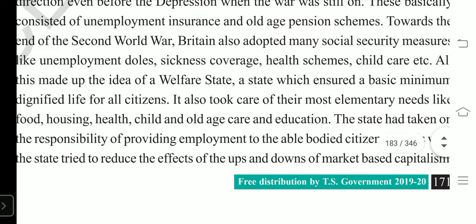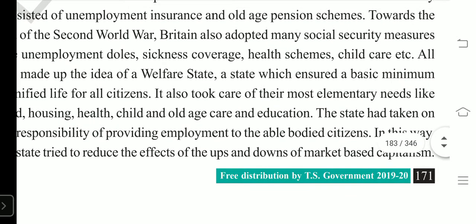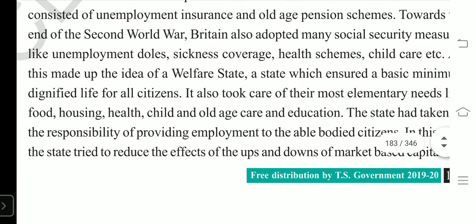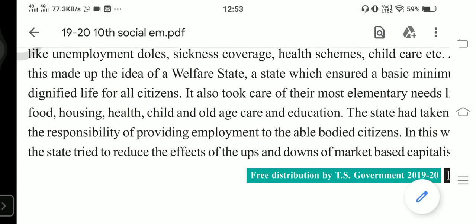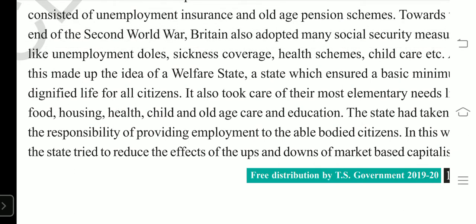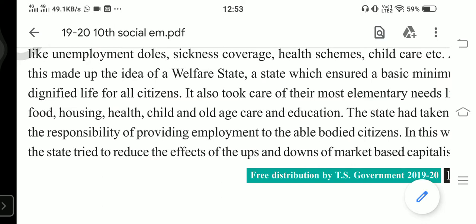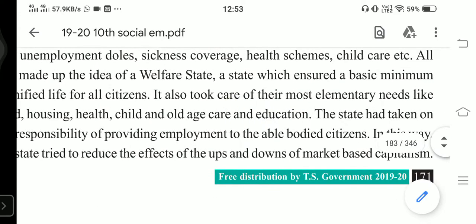Britain also took care to provide the very important needs of the people, that is, basic needs. What are basic needs? Food, housing, health, child care, old age care, and education for the children. All these are the minimum facilities that should be provided by the state to all its citizens. That is the responsibility of the state.